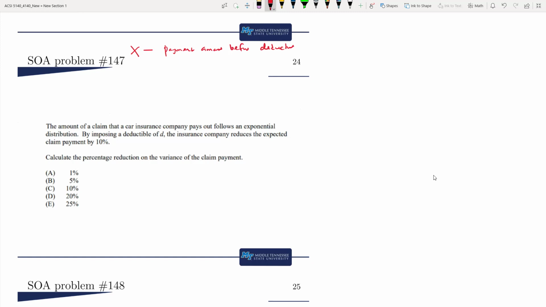The loss amount and the payment amount are really the same. So this one is following an exponential, and I'm going to use the parameter beta, because we have this.